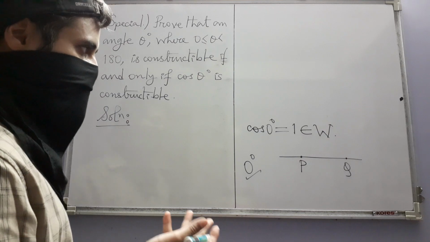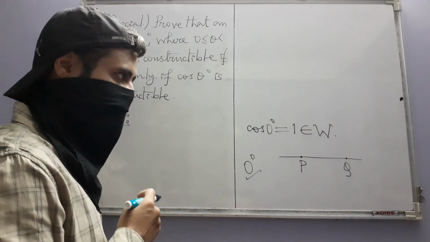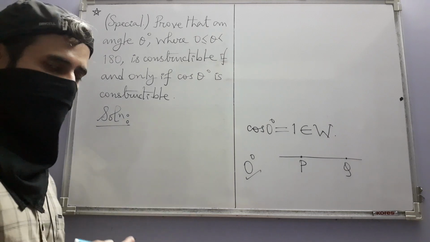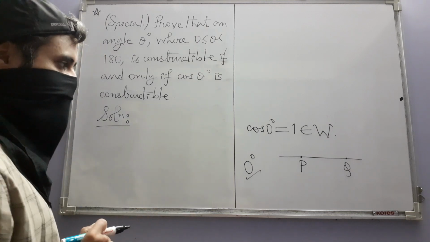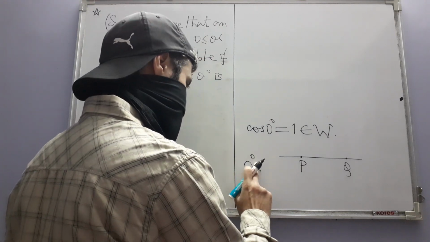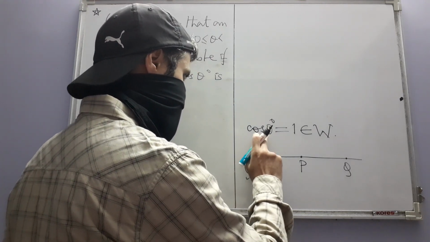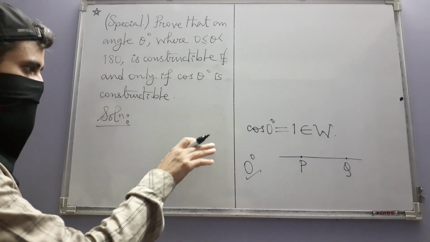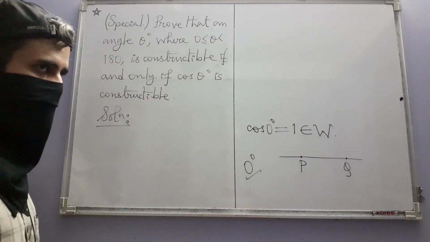We know that any subfield of R contains all the rational numbers. In that sense, the rational numbers form the smallest subfield of R. So that means 0 degree is a constructible angle and the cosine of 0 degree is a constructible real number. So that means in this case our claim is true.